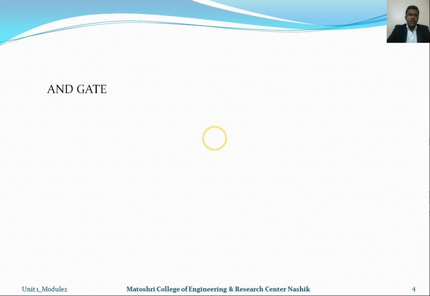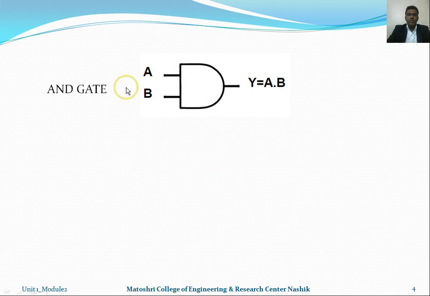Before going to start, the basic logic gates are very well known to each and every student. The basic logic gates are classified as 3 gates: the AND gate, OR gate and NOT gate. The AND gate symbol is like that, and it performs the dot operation on the inputs.